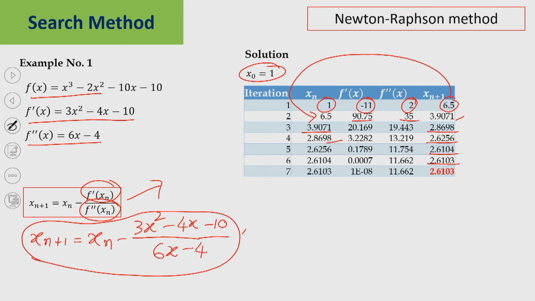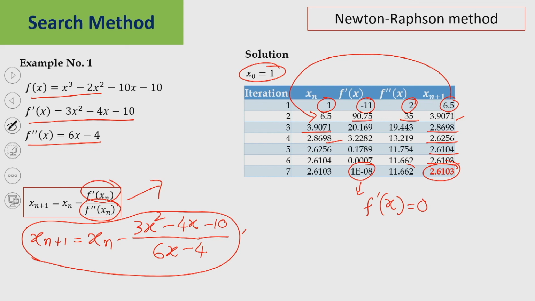2.6103, and you can see that the derivative value is decreasing. At the optimal solution the first derivative should be equal to 0. In this case it will never be exactly 0, but it will be near 0. Suppose we stop our iteration at the 7th iteration.